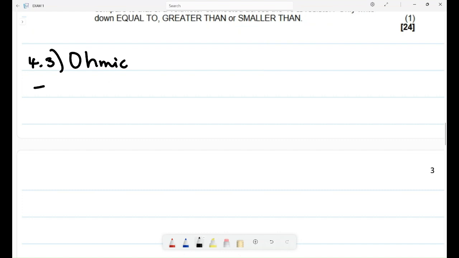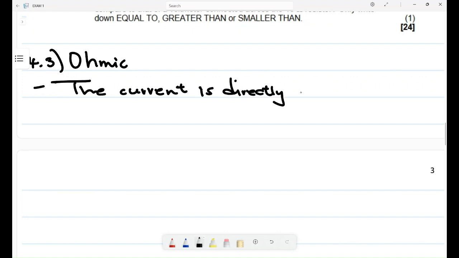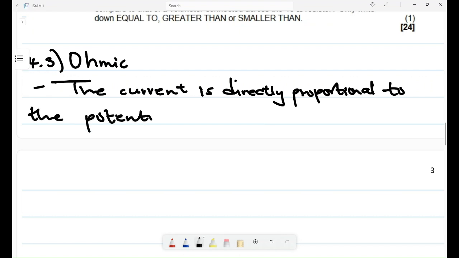Maybe you can say the current is directly proportional to the potential difference. This is your reasoning.